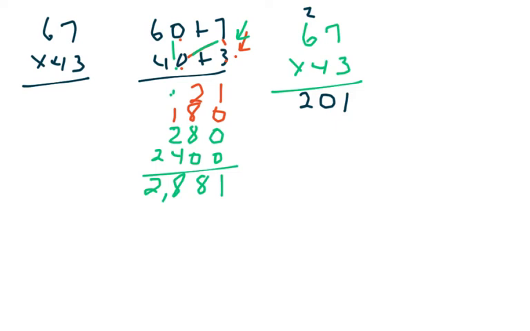Now we're going to multiply by the 40. Since it's 40, I'm going to put a 0 down here because we're multiplying by 10, by 40. So 4 times 7 is 28. Carry 2 again. Now you can put a second 2 or just remember that's the 2 you got to carry. 6 times 4 is 24, and the other two tens, 24, 25, 26 tens, so 26.